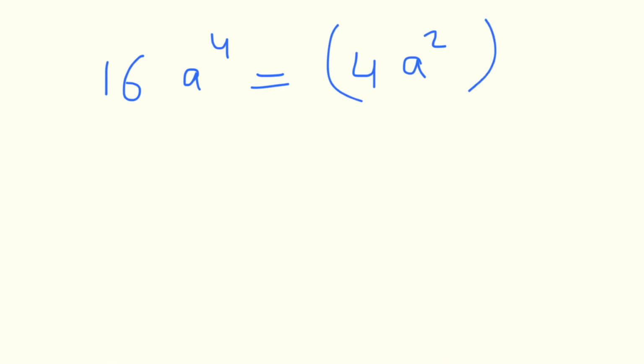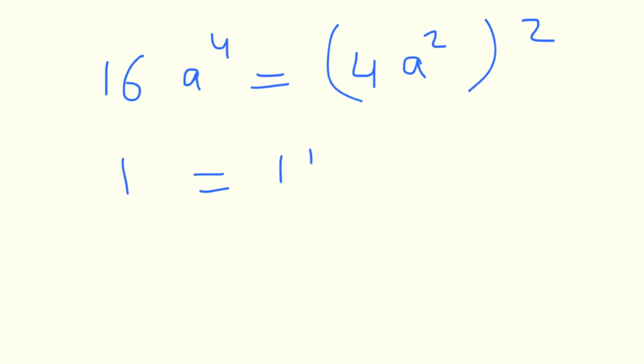Suppose, for example, I have 16 a power 4. This is the square of what? 4a squared. This is the square of 4a squared. So if you have this example, how about the 1? 1 is the square of what?